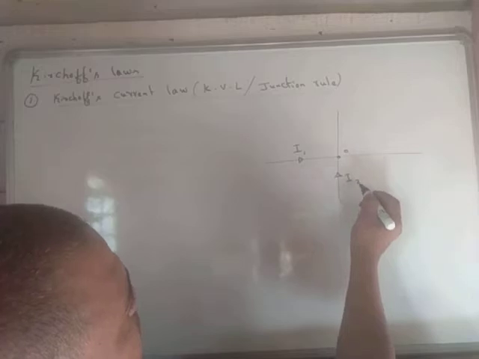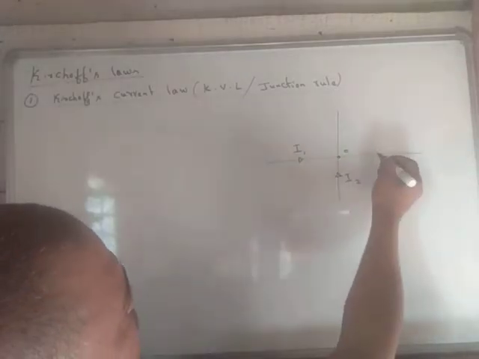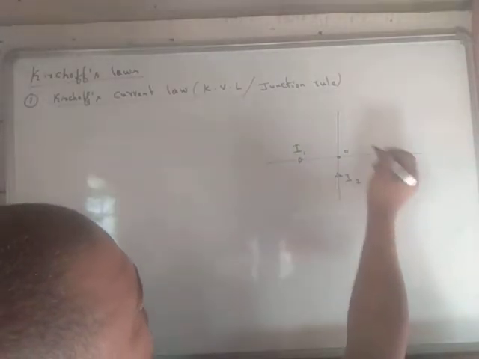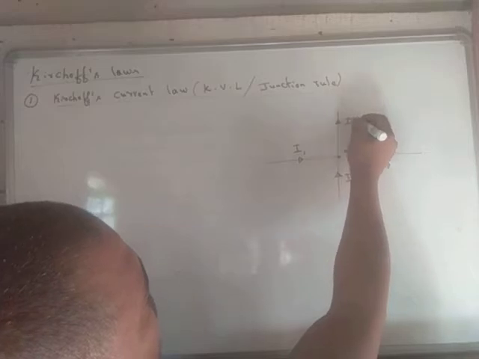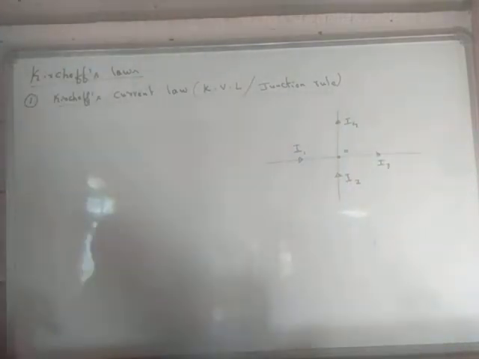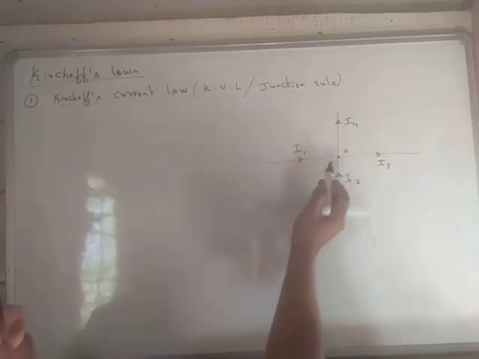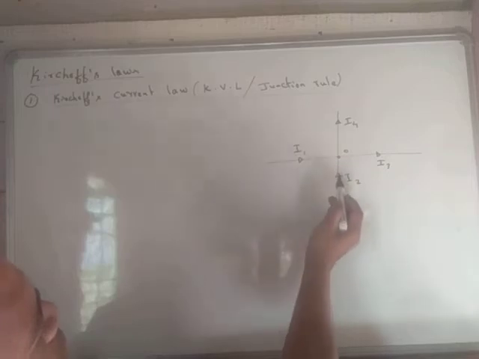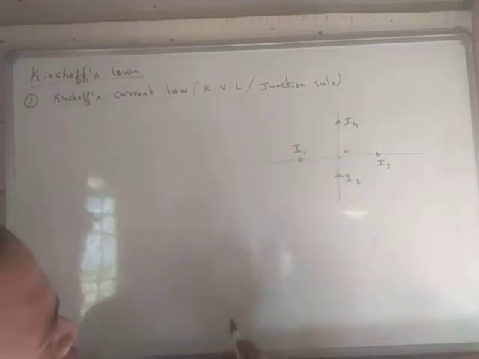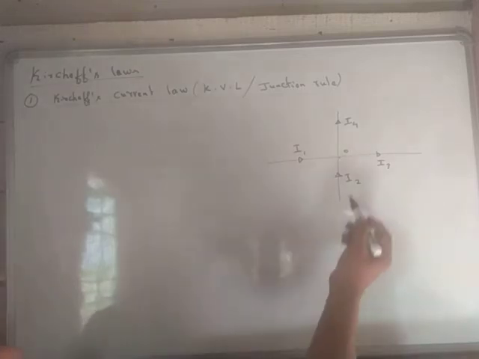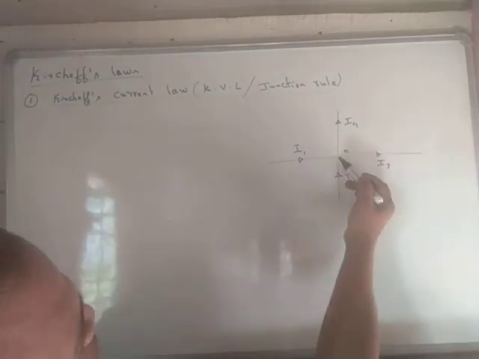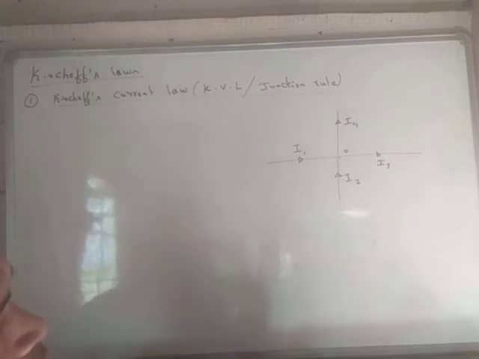Let's say these are the currents that are flowing through different wires. As you can see in this figure, current I1 and I2 are coming towards the point O, or they are entering the junction, whereas current I3 and I4 are leaving the junction.